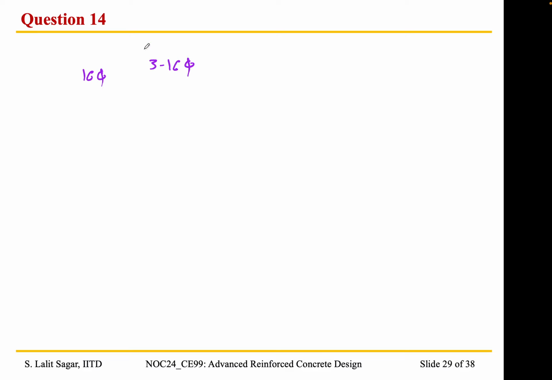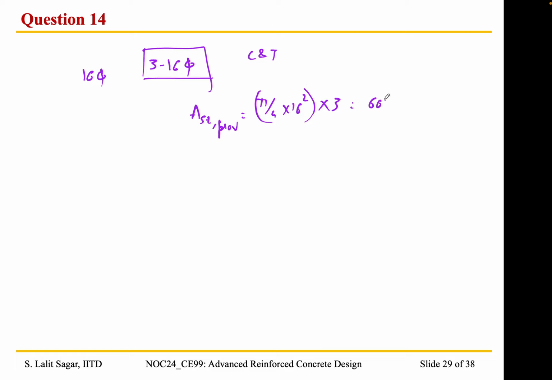That amount of steel has to be provided both in the compression and the tension region. So Ast provided is pi by 4 into 16 square into 3, which gives us a value of 603.2 mm square.